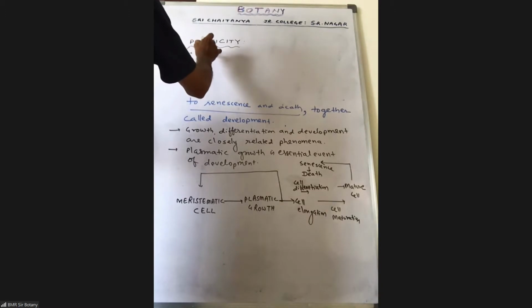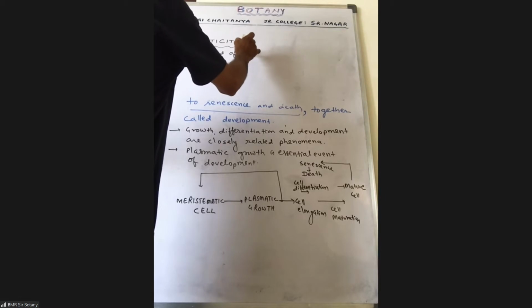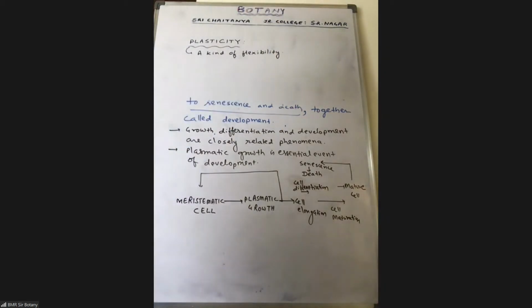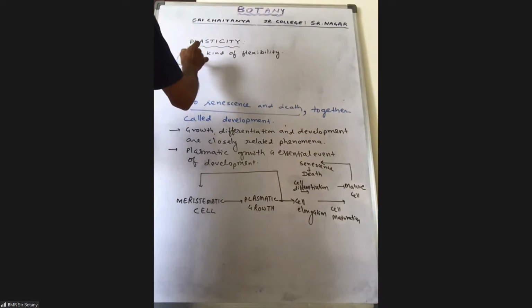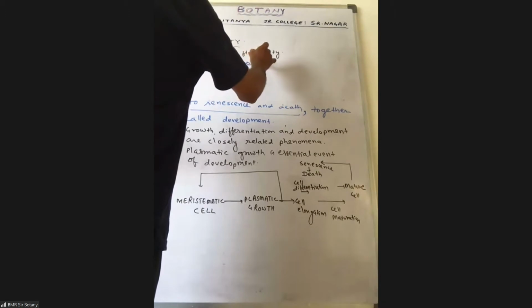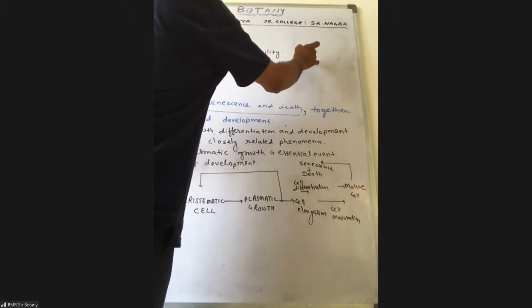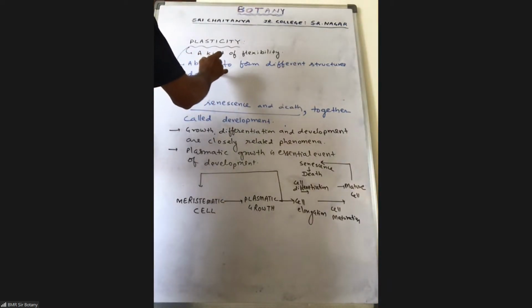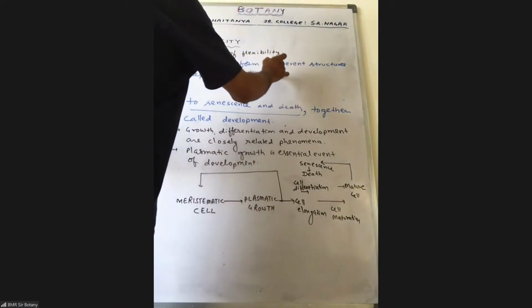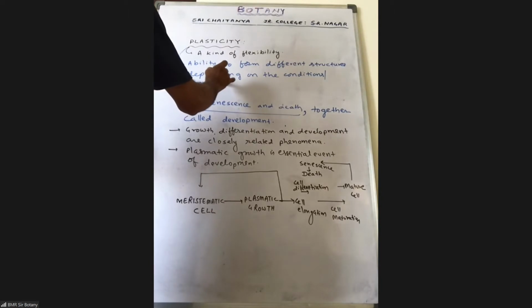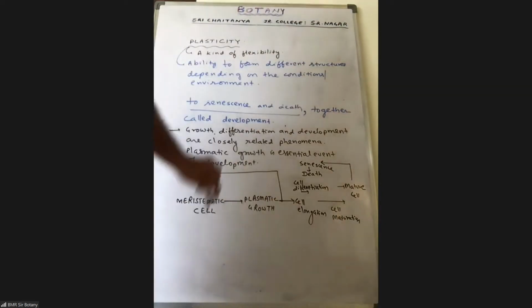Plasticity is a kind of flexibility. It is the ability to form different structures depending on the conditions or environment, and is called plasticity.